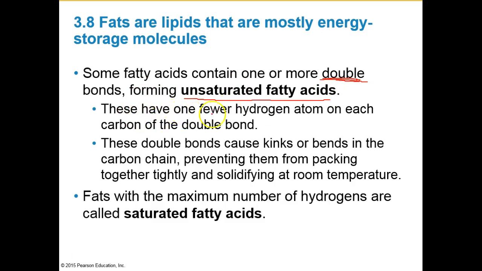So what they do is one fewer hydrogen atom on each carbon of the double bond. And what really is the major thing here is that the double bond actually causes a kink or a bend in that carbon chain, and it prevents them from packing tightly together and solidifying at room temperature.